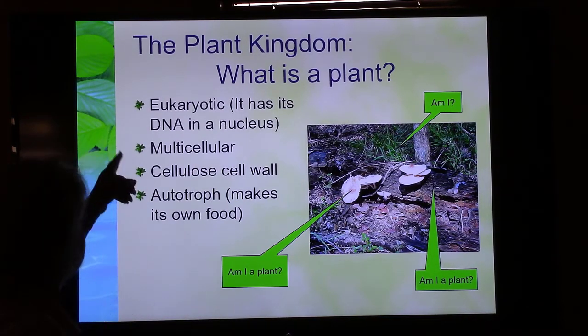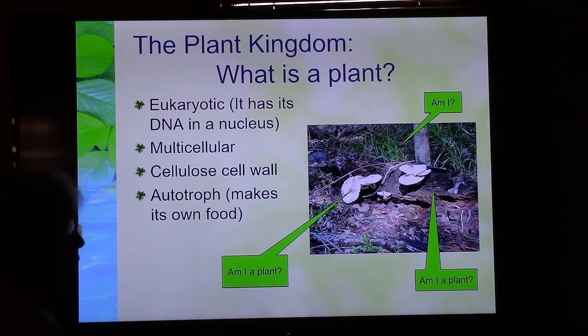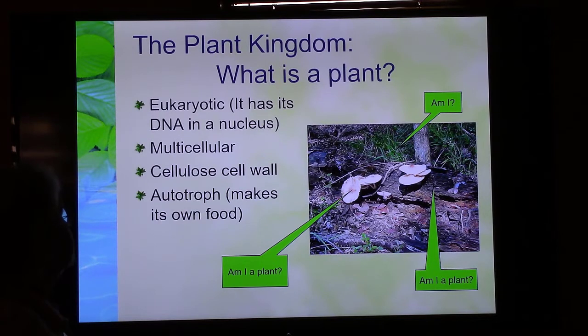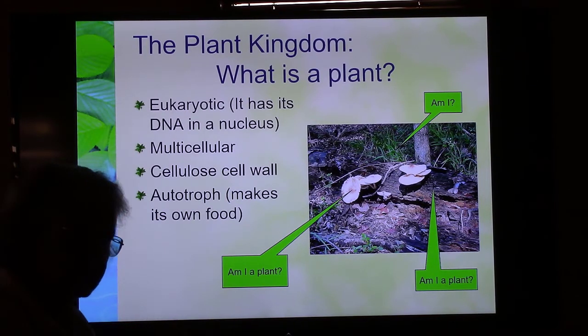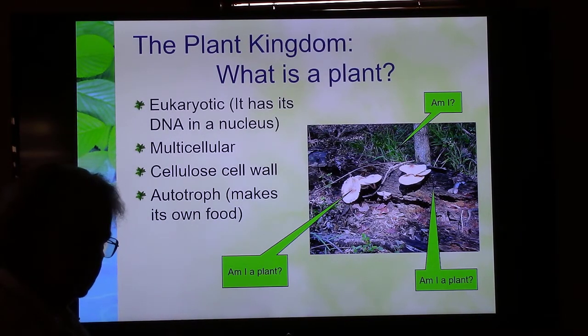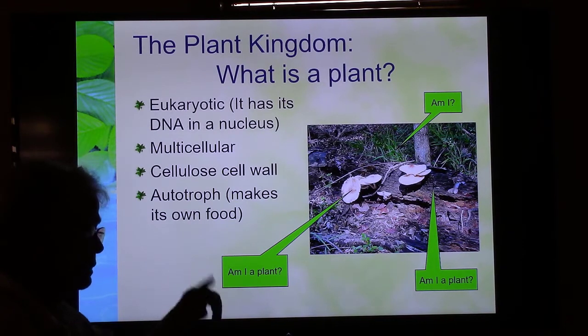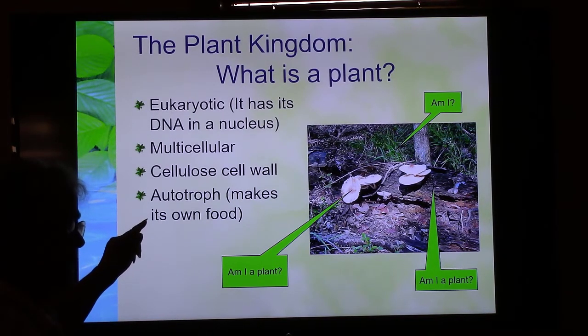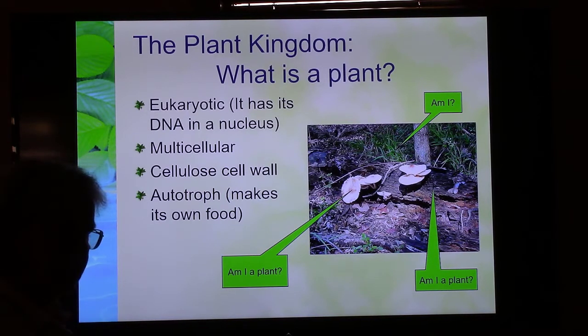What are those things? First of all, it requires a microscope to know this, but it is eukaryotic, which is a big word that means the DNA, the genetic material, is in a nucleus within each cell. Now, a little later, we're going to talk about a plant cell and its parts and how it works. But for right now, let's just say eukaryotic, the DNA is in a nucleus in every cell.